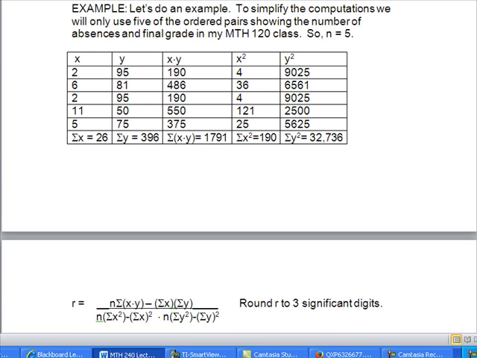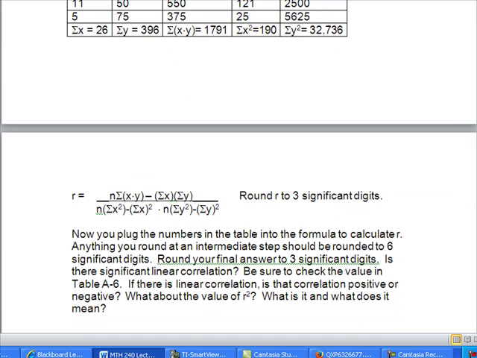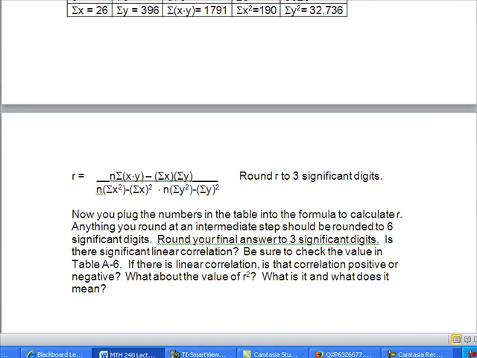Now, what I want you to do is plug the numbers in and see if you can come up with the correlation coefficient R by using the formula.